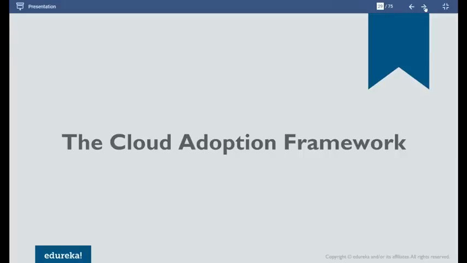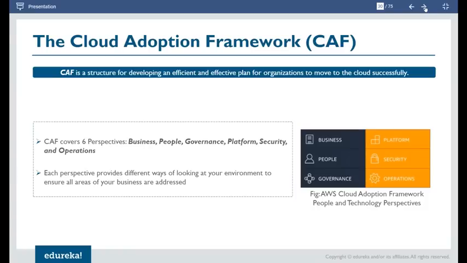Then comes your cloud adoption framework. We also call it CAF. Cloud adoption framework is a structure for developing an efficient and effective plan for an organization to move to cloud successfully. It covers 6 elements: business, people, governance, platform, security, and operations.